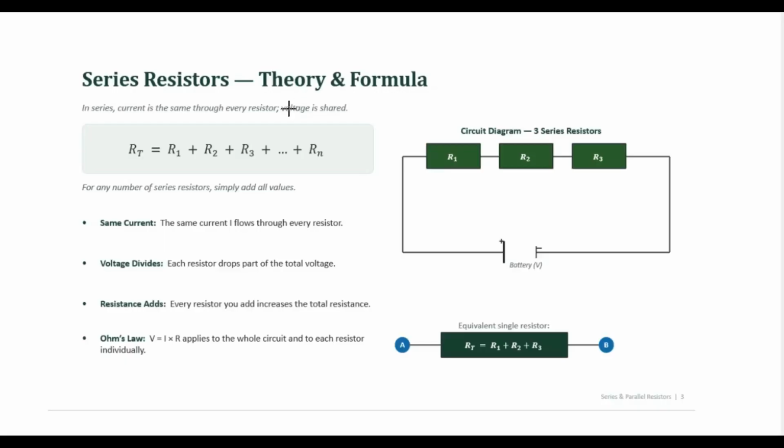That is another point to take note of. Current is the same, but voltage is divided. So another name for resistors in series is voltage divider. Resistors in series are also known as voltage dividers. Let's write that properly.